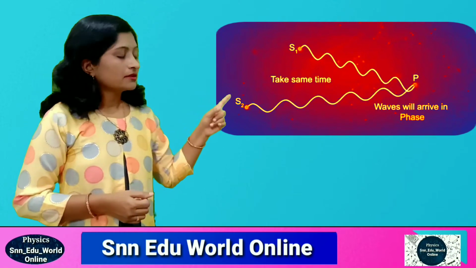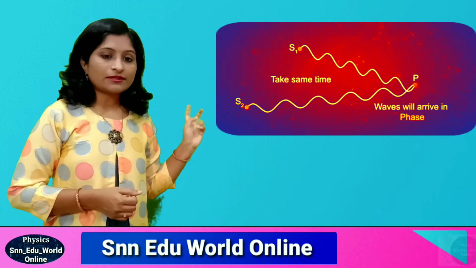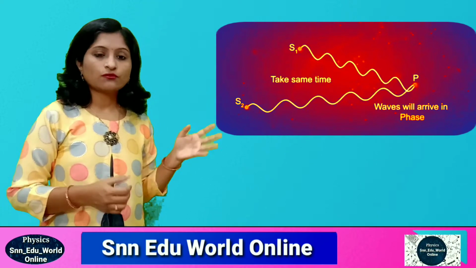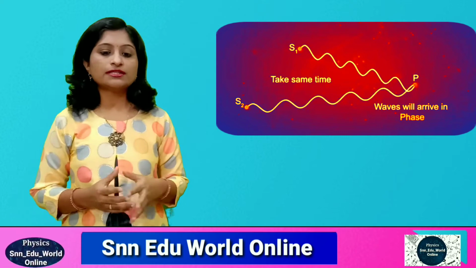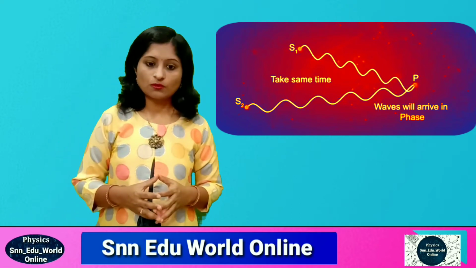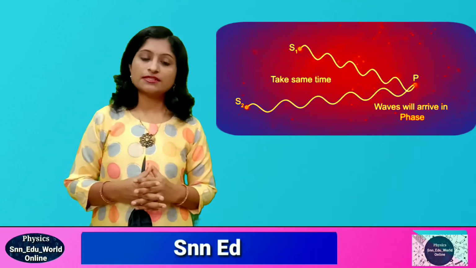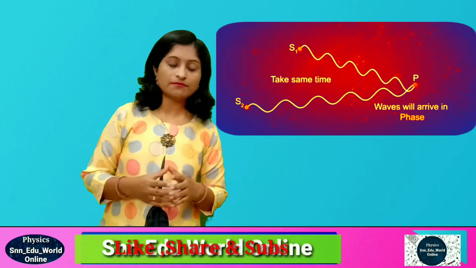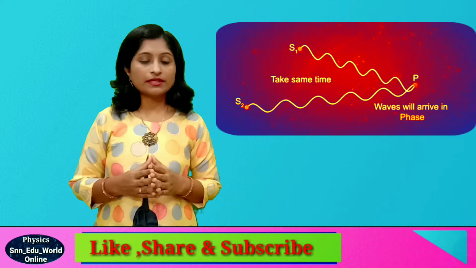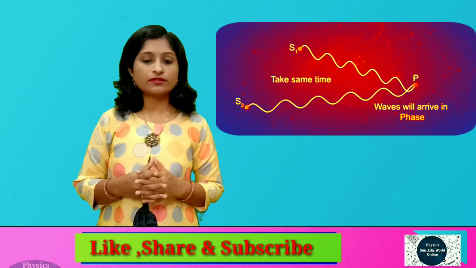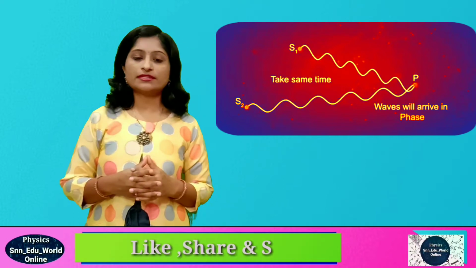Here the source S1 and source S2 are represented. The waves take the same time to reach point P. Okay, so the waves will arrive in phase. In such conditions, when they take the same time, they arrive in the same phase. Means their phase difference will also be 0 in this condition.